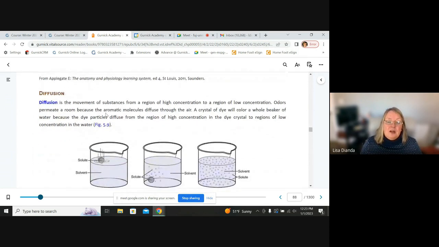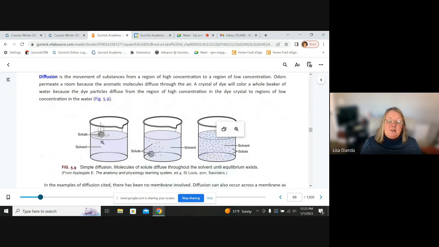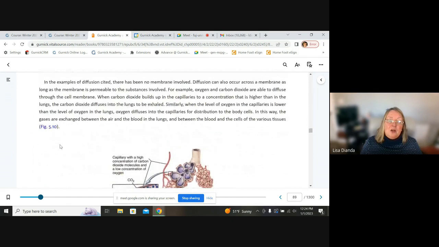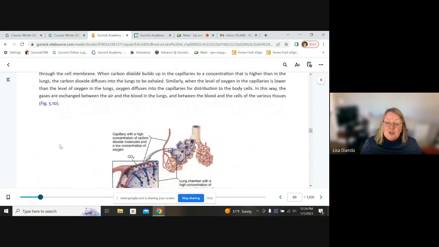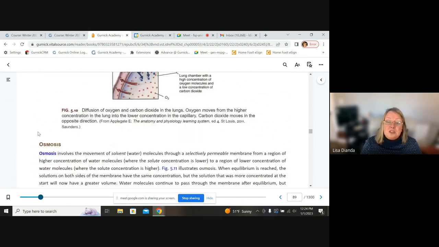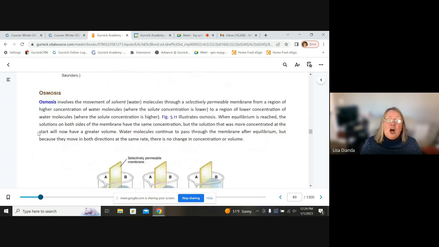Diffusion. We get the idea that if I drop a tablet in water, it's eventually going to dissolve and spread throughout the liquid, right? That would be diffusion. Some examples of diffusion. When we get further into the respiratory system, we're going to look at the way carbon dioxide is diffused through the lungs.